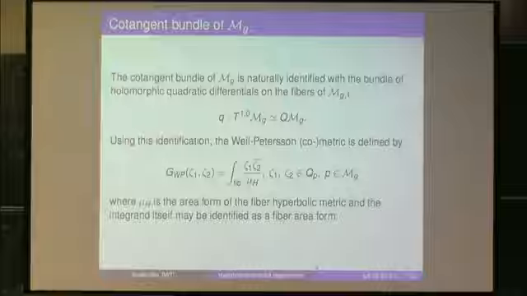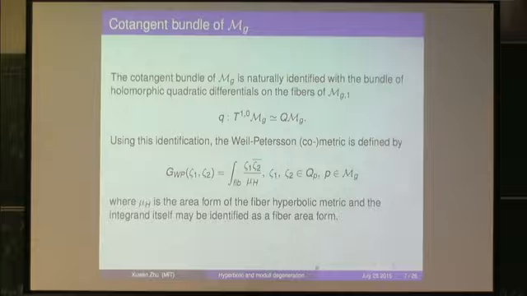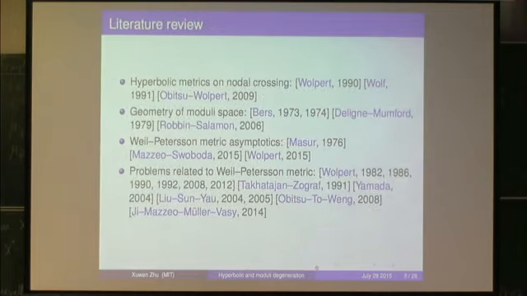So as we see, the two main important elements in this Weil-Petersson metric definition are the holomorphic quadratic differential and the hyperbolic metric, which is why we want to study the degeneration of a hyperbolic metric on this nodal degeneration. So the Weil-Petersson metric, this subject has been studied by a lot of people.